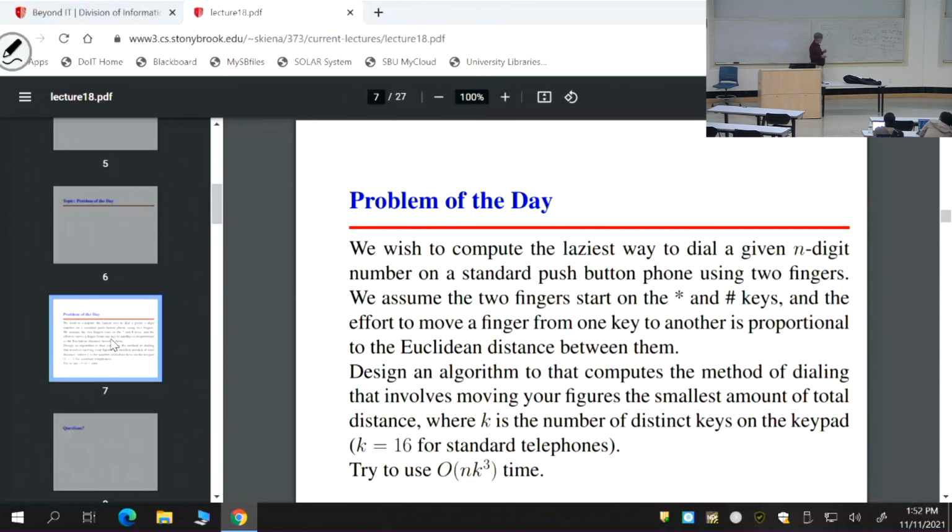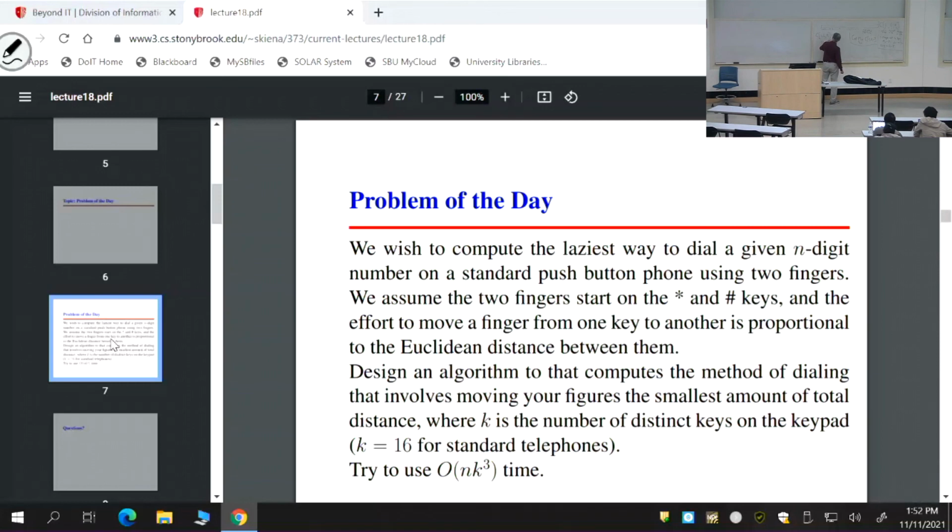So maybe this is going to be the min over all, I'll call them little l and little r, of what?